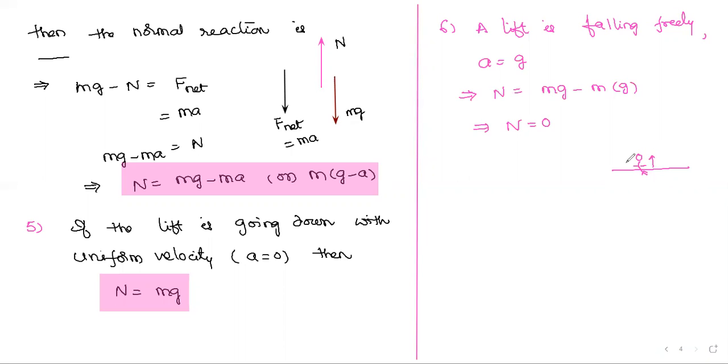That's why they try to fix you with some hook, a belt, and keep you on the sofa seat. That belt will keep you in contact with the seat all the time, even though the normal reaction is 0. That's why you won't come out of contact with the seat. No problem, no need to worry, no need to shout, no need to cry, and no need to pray to God. You can safely land downwards.